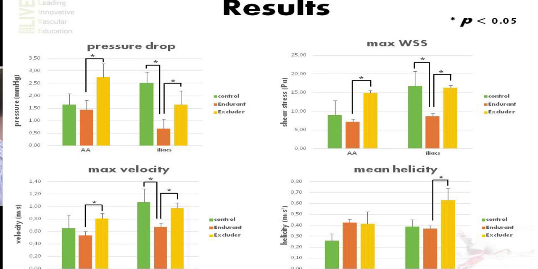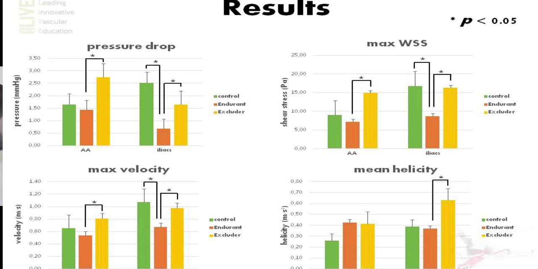Again, some charts. The interesting thing here is that all comparisons of the hemodynamic properties between Endurance and Excluder were statistically significant. This means that although they produce similar morphologies after the surgery, they produce different blood flow.